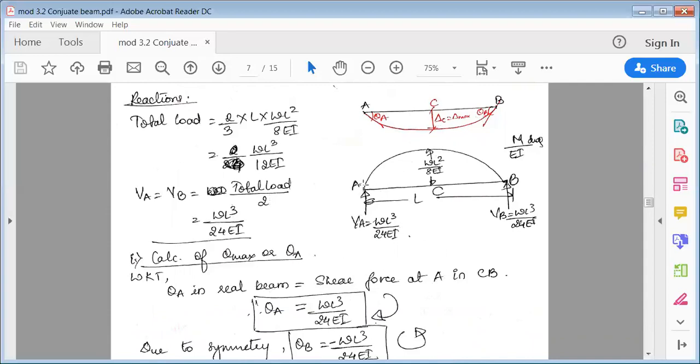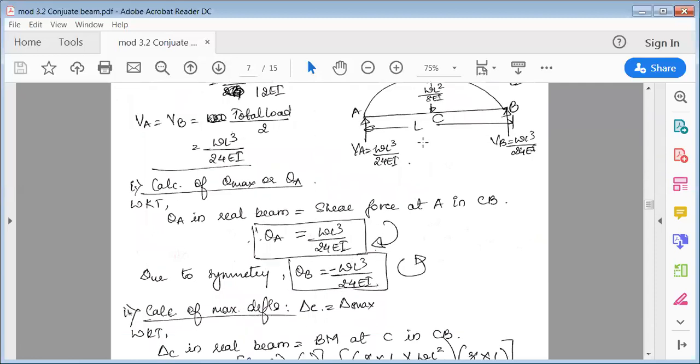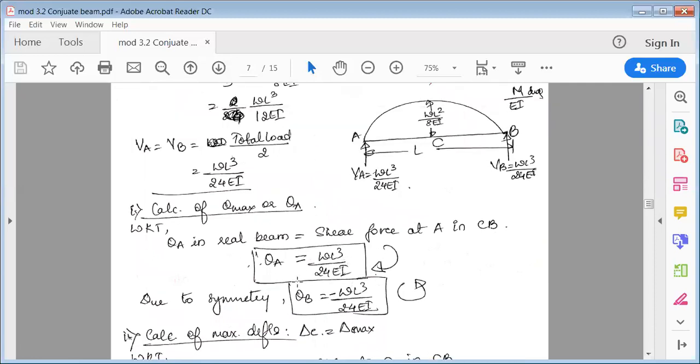The shear force is nothing but VA, that is wL³ by 24EI. So again, the answer is positive, it's clockwise. Then theta B, because it is symmetrical, would be just the opposite, that is minus wL³ by 24EI.